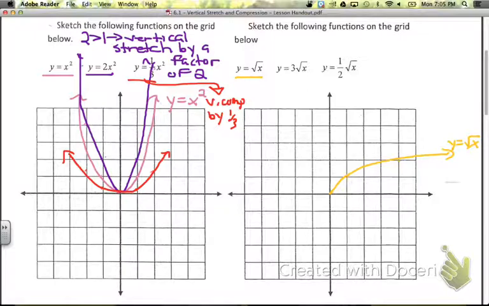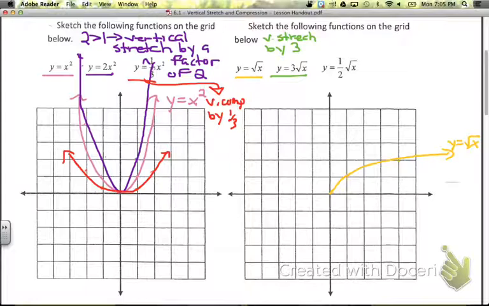Now from there, we can go ahead and graph our y equals 3 root x. Now 3 root x is going to have a vertical stretch by 3. So again, that's going to make it look long and skinny, okay?